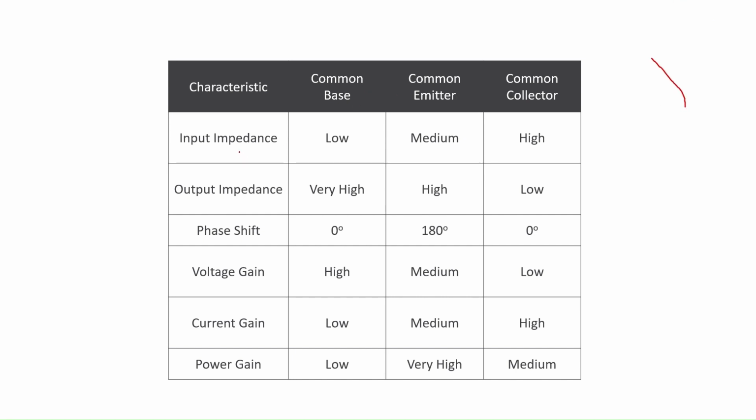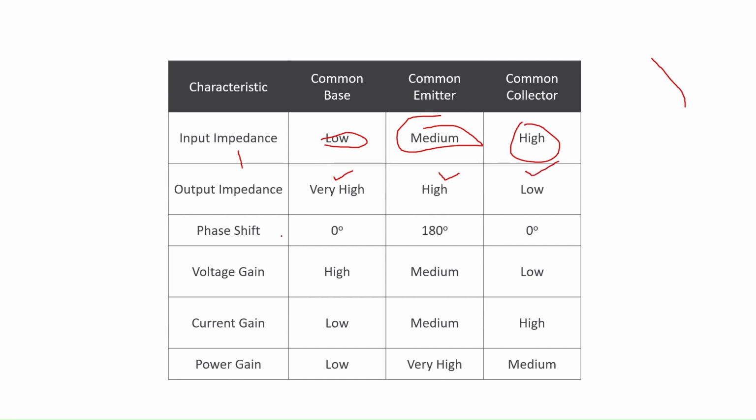Common base has low input impedance and common collector has high input impedance, with common emitter has medium input impedance. For output impedance, common base has high output impedance, common emitter has high output impedance and common collector has low output impedance.